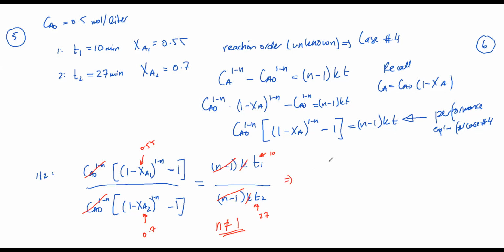I have 0.45 to the 1 minus n, minus 1, over 0.3 to the 1 minus n, minus 1, right?